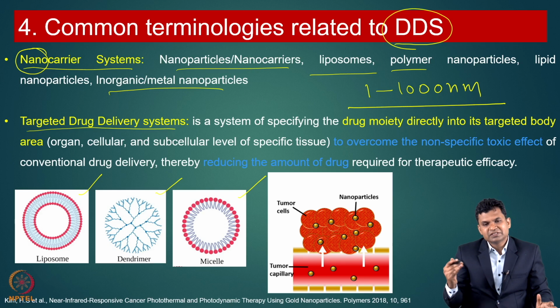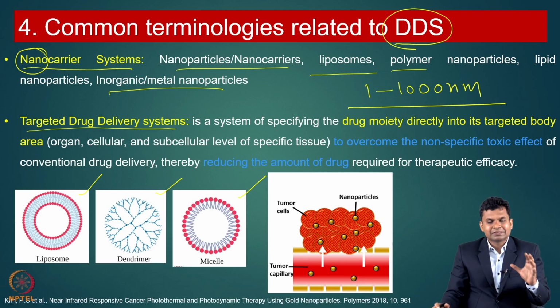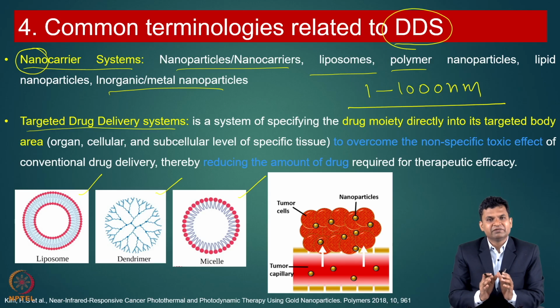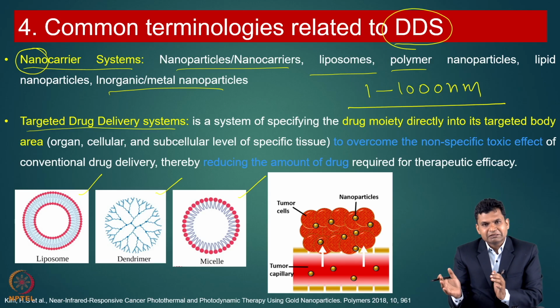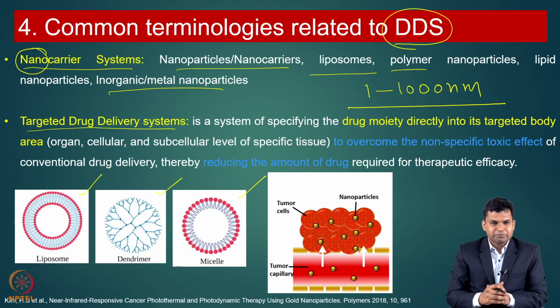With that we will see a lot of problems in the patient, especially in chemotherapy. All anti-cancer drugs are toxic in nature, and they kill normal cells also. In such cases, a targeted delivery system has a huge demand for the treatment of cancer patients.